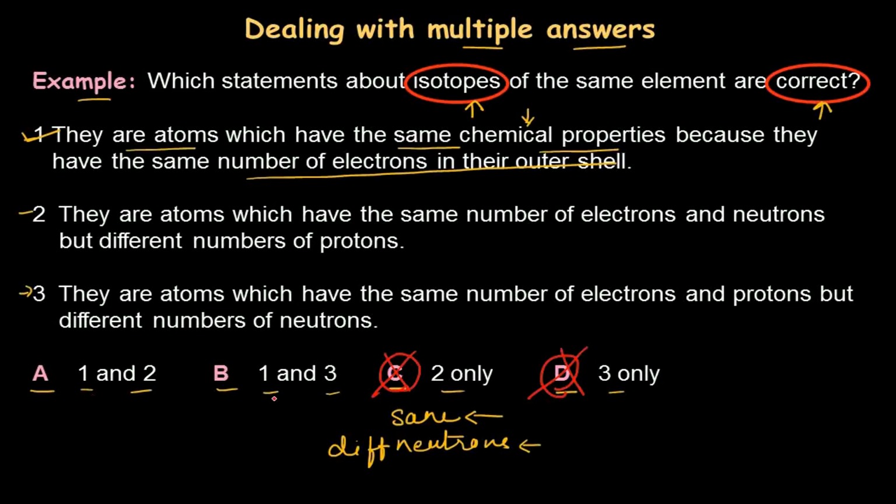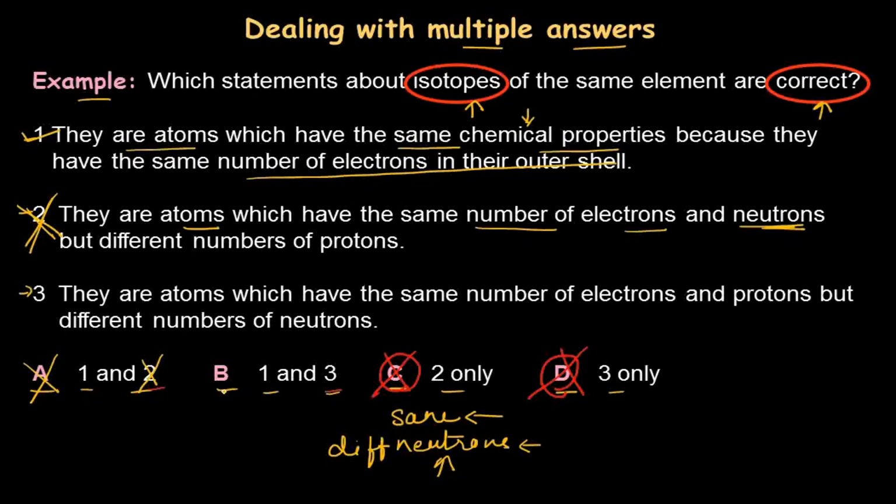Now out of options A and B, you are supposed to read statements 2 and 3 to find the correct option. Statement 2 says they are atoms which have the same number of electrons and neutrons. Here we had already discussed that the neutrons are different, so statement 2 is wrong, and so option A also gets eliminated.